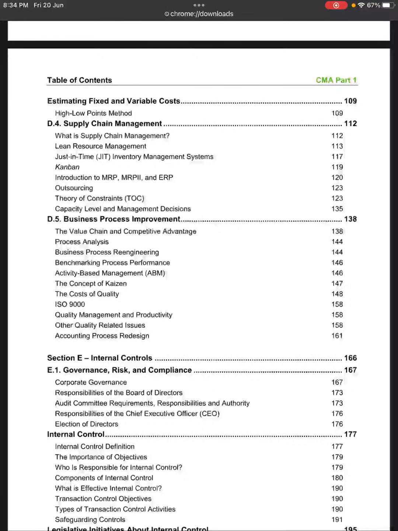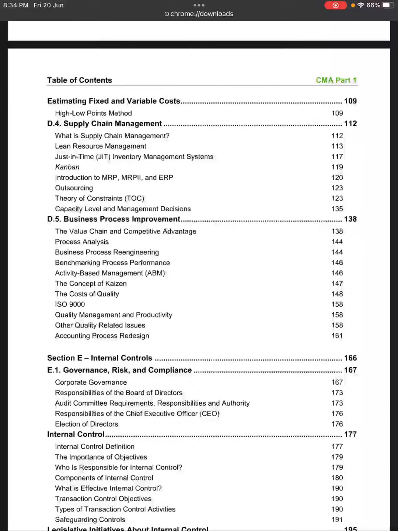And the last unit of Section D will cover business process improvement. How can we improve the business process, and the value chain and competitive advantage, and process analysis, business process reengineering, benchmarking, process performance, activity based management, ABM also called, and the concept of Kaizen costing.